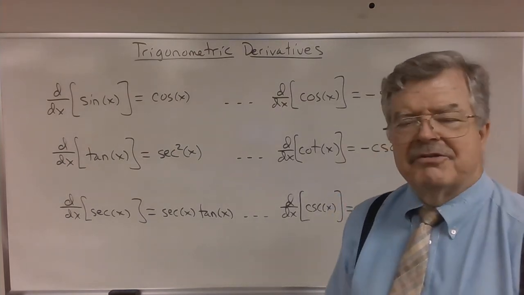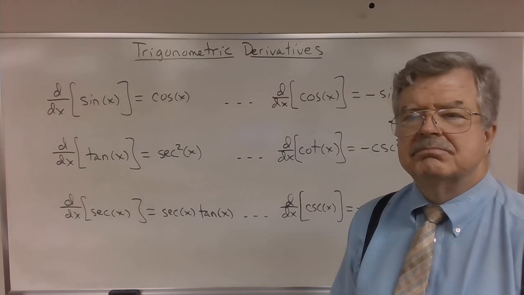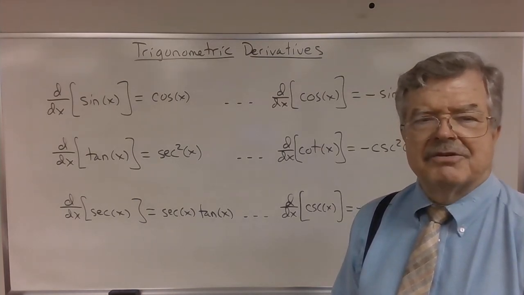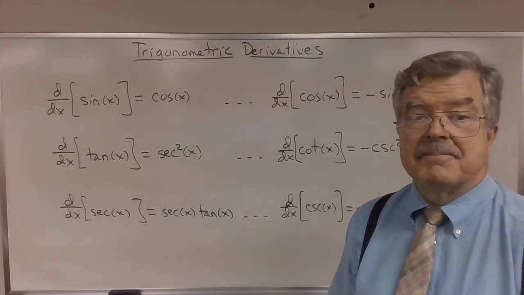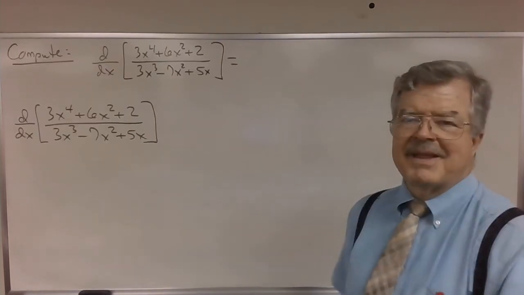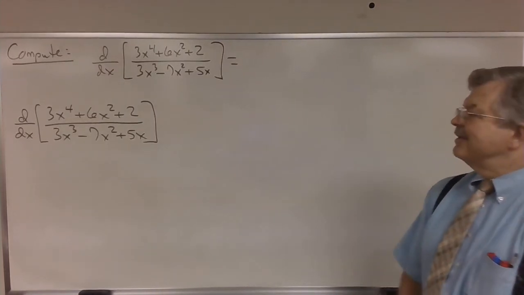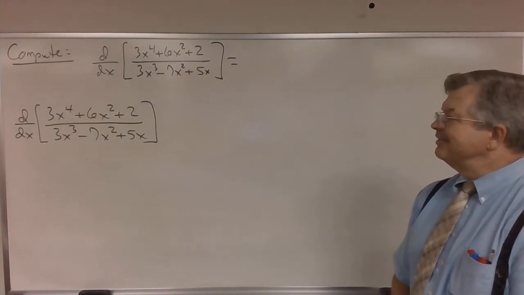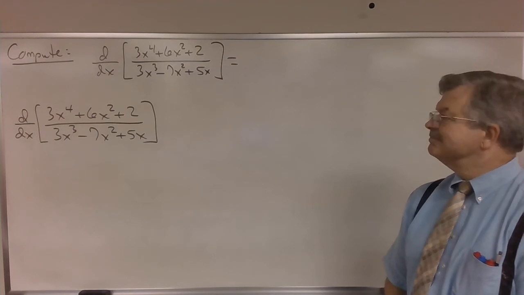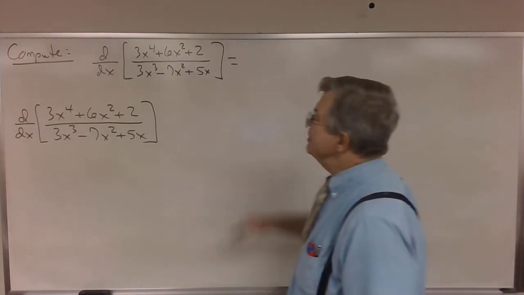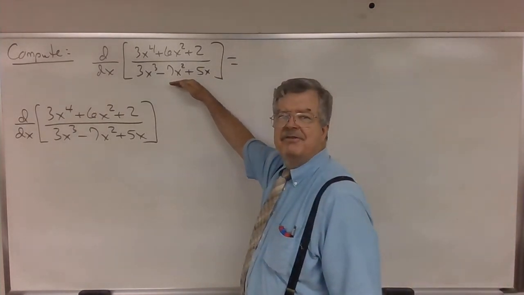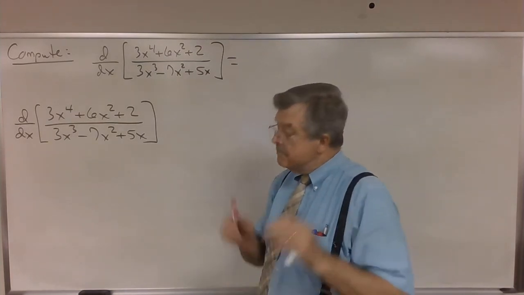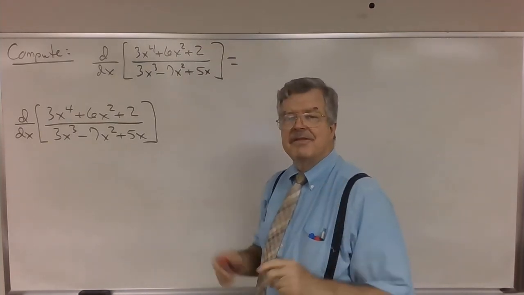Now, what should we do? Maybe one more exercise. I think so. Another quotient rule example. Excellent. We've got to compute the derivative of this piece of junk here. So, I'm going to lay everything out.